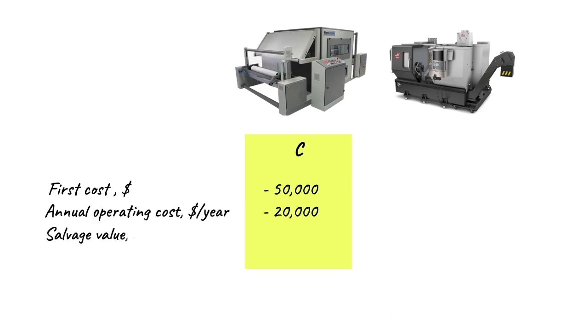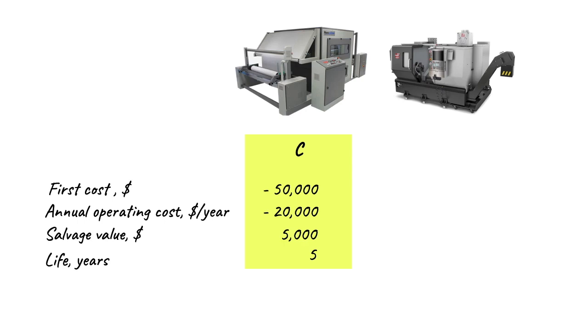The salvage value, if you sell it, is $5,000 at its end of life of 5 years. So maybe we can say this machine has 5 years of warranty, and after 5 years you can return it to the manufacturer at a salvage value of $5,000.